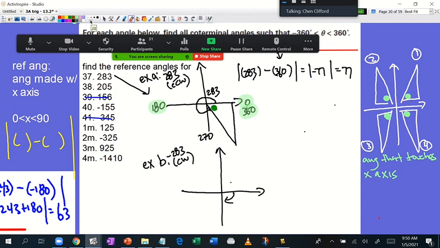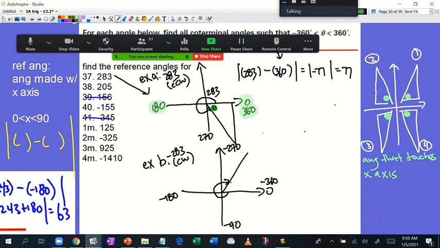So now, let's label this. Now we're going clockwise. This is 0, negative 90, negative 180, negative 270, and negative 360. Now, negative 283 is going to land us somewhere here.